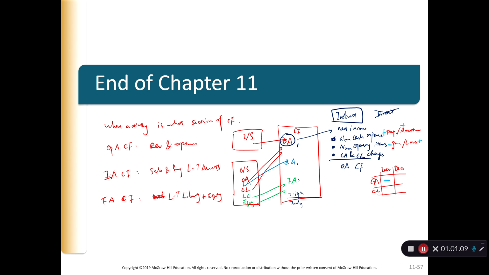For a decrease in a current asset, we add to cash flow. For an increase in a current liability, we add to cash flow. For a decrease in a current liability, we subtract. If you remember all this, you will be able to accurately generate the operating cash flow statement.